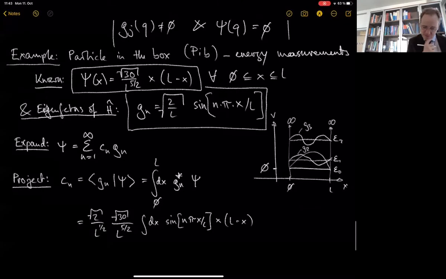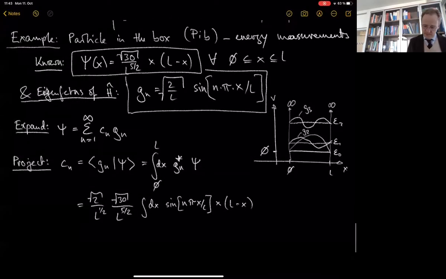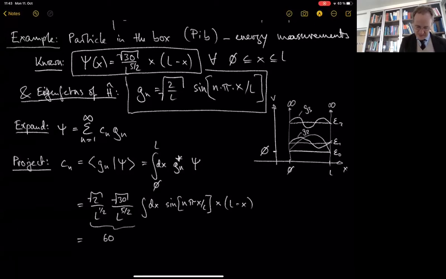Now this prefactor is simply 60 square root divided by L to the 6/2, which is L to the 3. Okay. And this integral, you can look this up in integral tables.